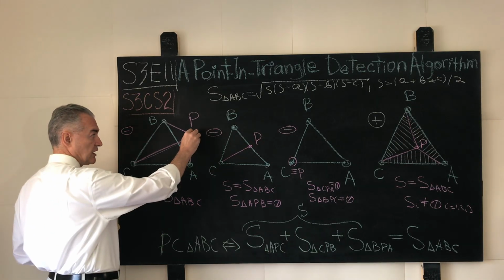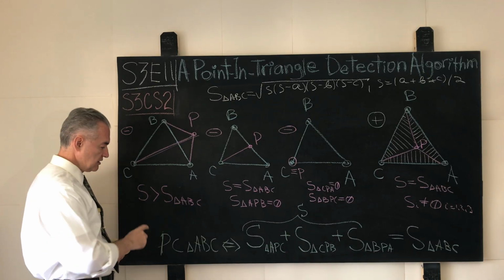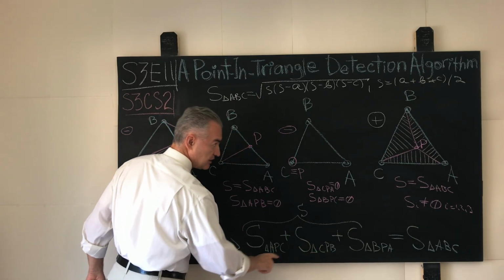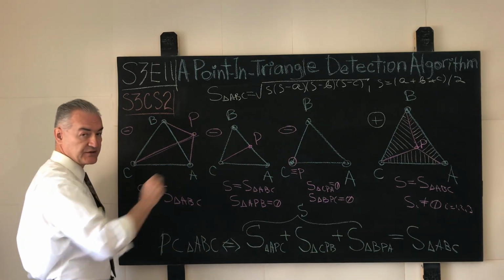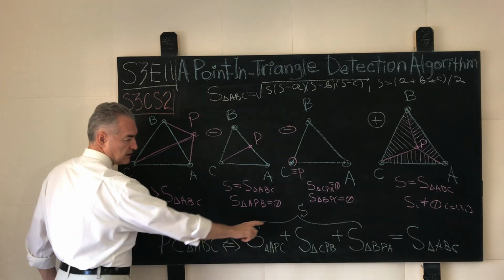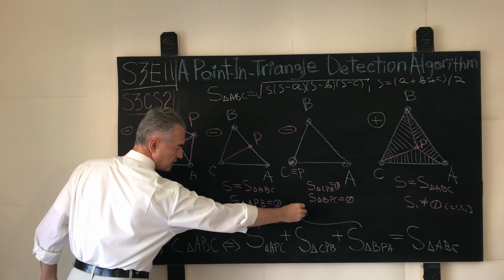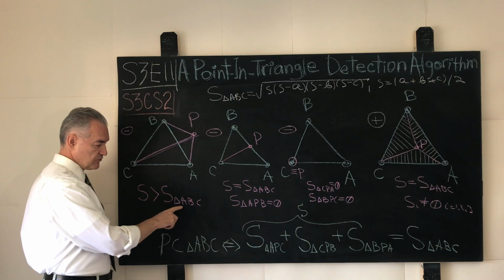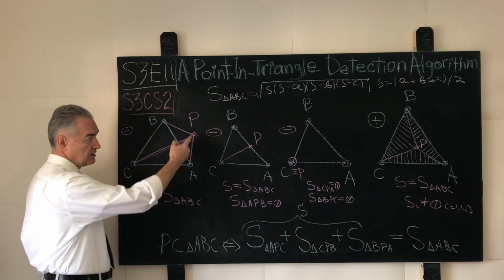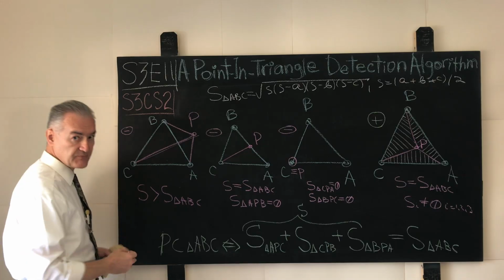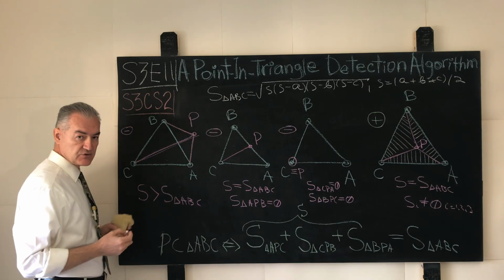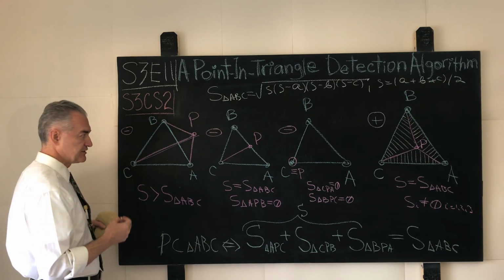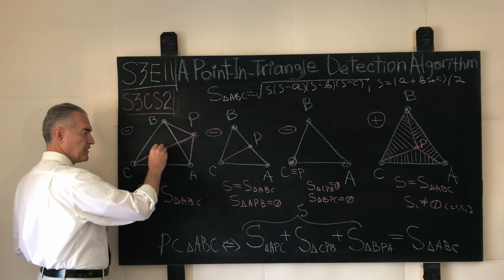First, when the point P is located outside, then evidently if we designate the sum of the areas of the three triangles in question as simply S, as a shortcut, uppercase S, then if this area is strictly larger than the area of the triangle ABC, then evidently the point P is located outside of the given triangle. Our algorithm should return, for example, false or 0. It is not the case that the point P is inside of a triangle.